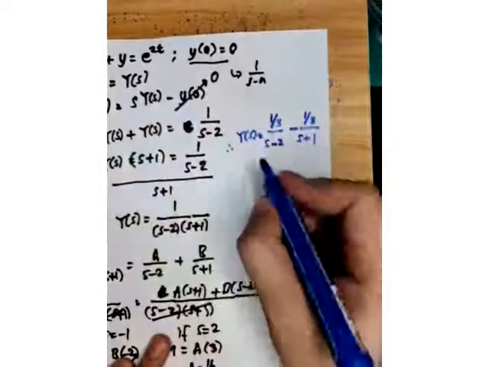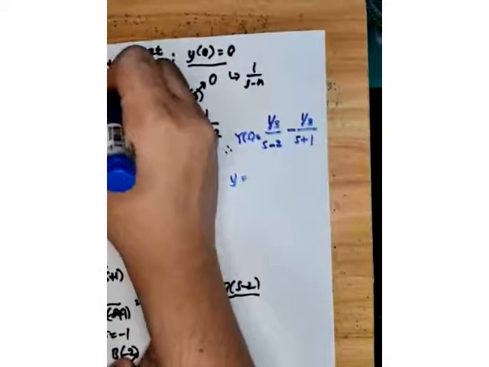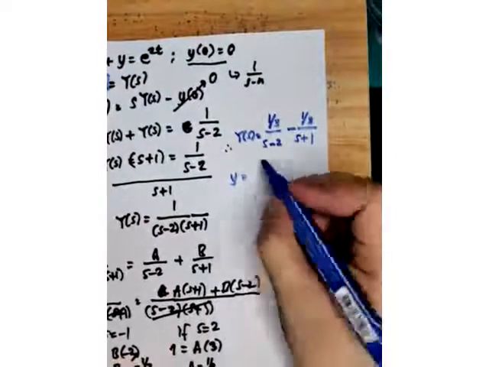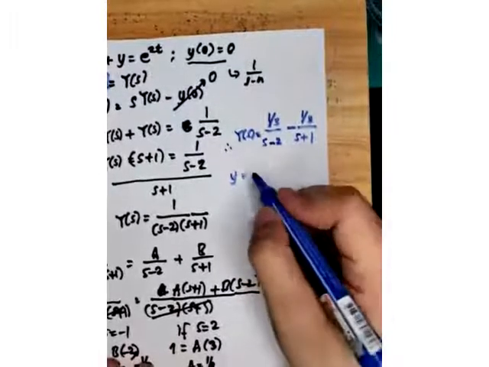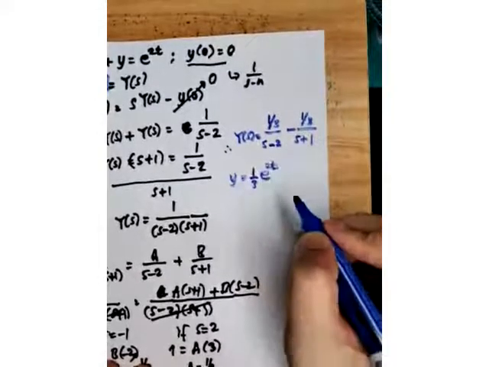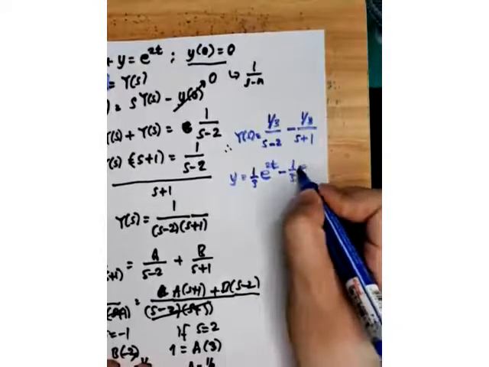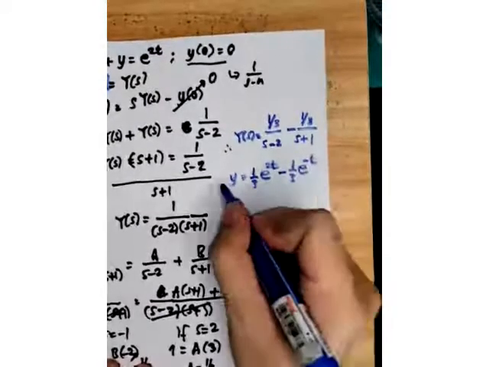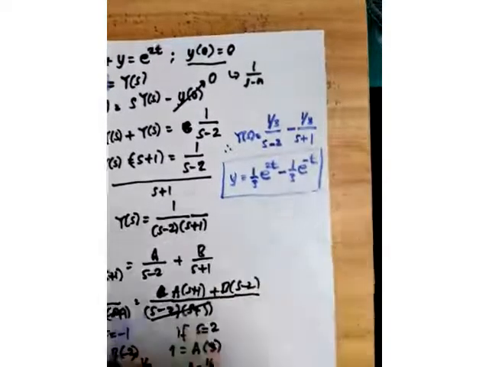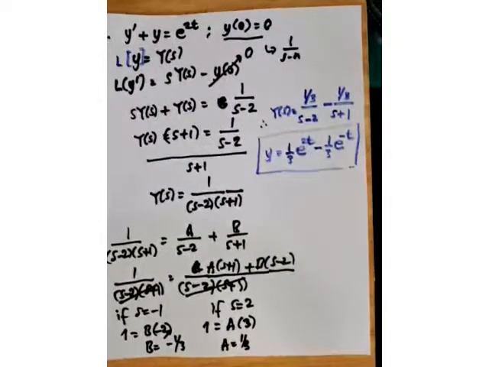Ayan. So, pag in-inverse Laplace natin, magiging y siya. So, that will be equal to 1/3 e raised to 2t minus 1/3 e raised to negative t. So, this is our final answer. So, yan yung ating final answer.